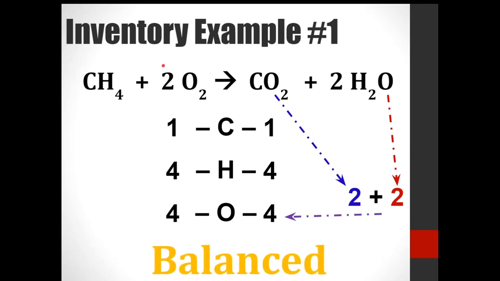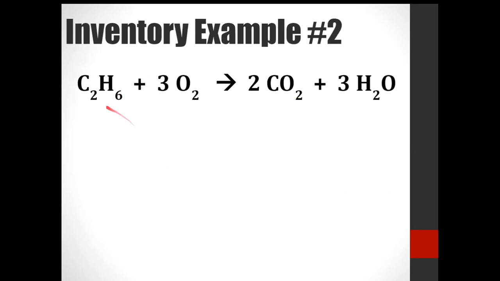More on that tomorrow. Now, example number 2, we've got ethane plus oxygen gives me carbon dioxide and water. This is also a combustion reaction. Mr. D likes combustion reactions because they're easy and fun. So I've still got carbon, hydrogen, and oxygen on both sides.